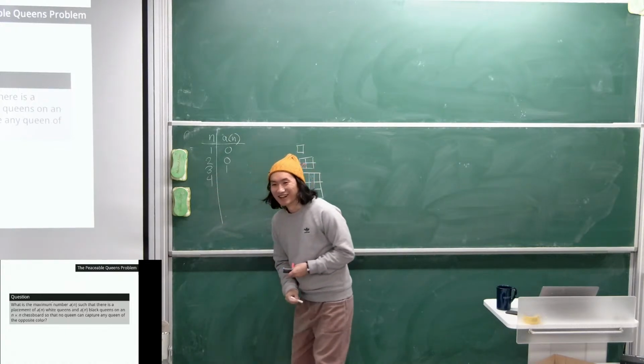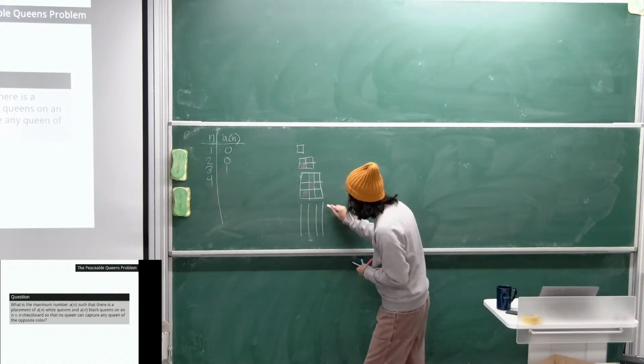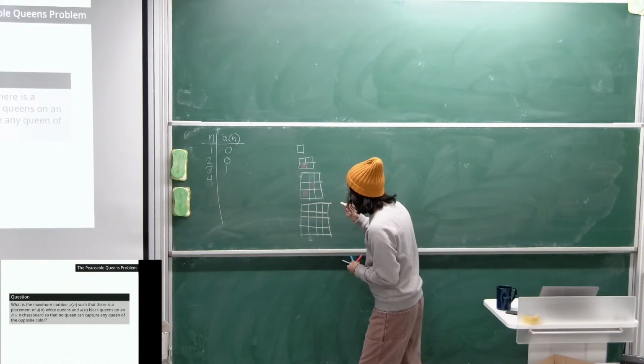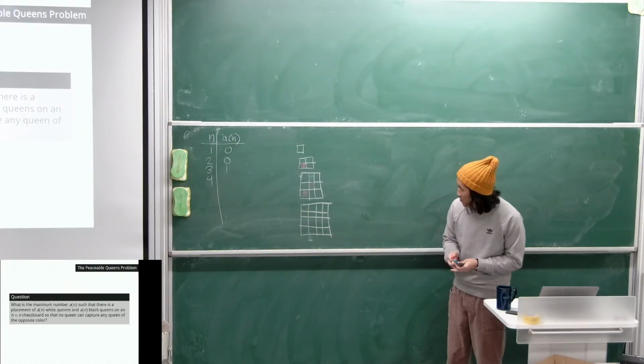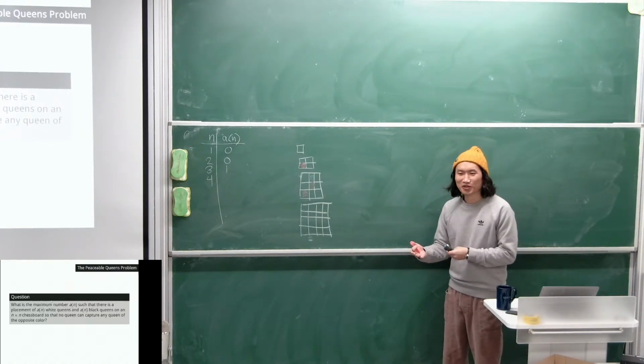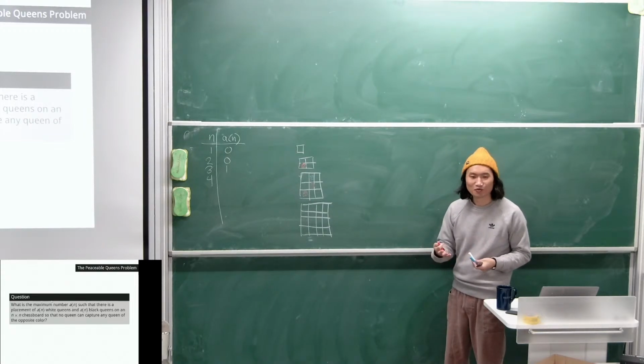So let's go to 4. There are lots of solutions for 4, but you kind of have the idea that it's good to put these pieces in the corners or at the border, because that's when you attack as few squares as possible.